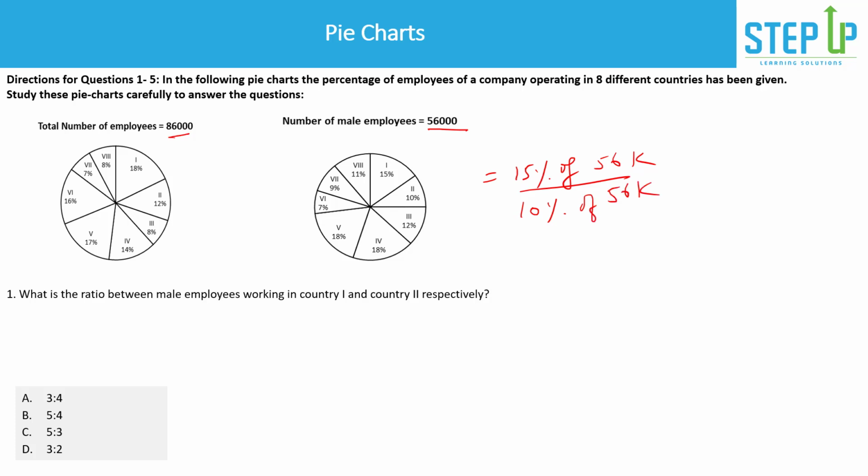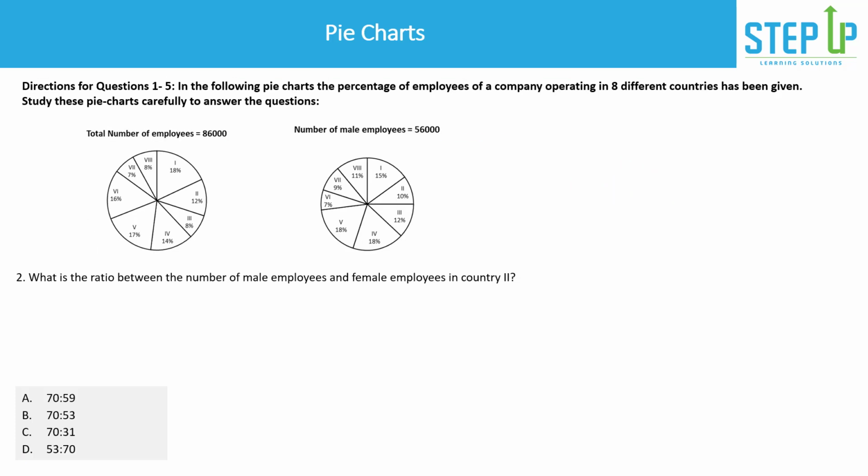I am writing this just to explain it to you, but there is nothing to be written, as this all gets cut. So 15 by 10 is nothing but 3 by 2. Isn't that like a 2-second question? So easy. All you have to do is understand this data, read the question and mark the answer. So the answer is 3 by 2. Okay, let's move to the second question.